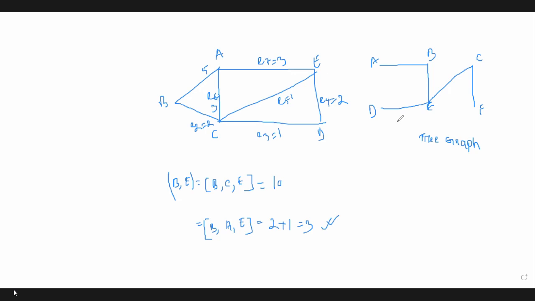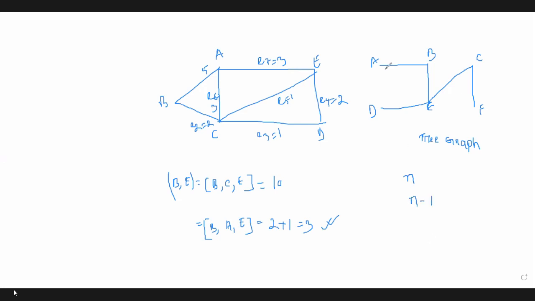So how can you define a tree graph? In a tree graph, we can find only one path sequence between any two nodes. And there cannot be any cycles or loops. That is a tree graph. Another characteristic of a tree graph is that if the number of nodes is n, then the number of edges will always be n minus 1.